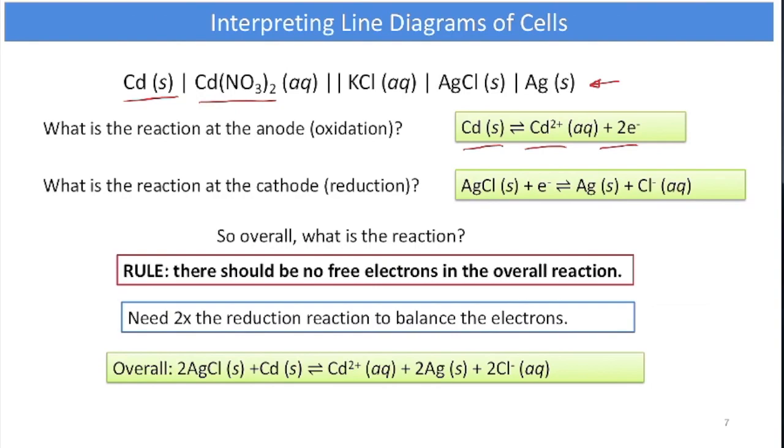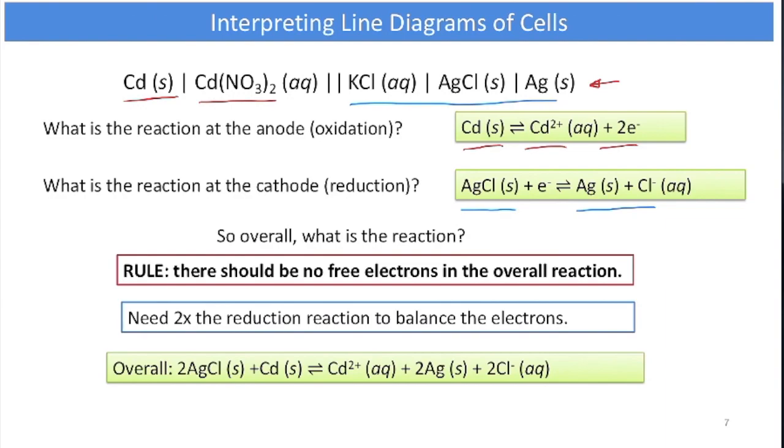Now the reduction reaction, we're going to start on the cathode, which is the right-hand side of our cell. So in this case, we have silver chloride making silver solid and chloride minus. This one's a little bit tougher to figure out just by looking at it, so this is not something that I would give you on an exam and ask you to figure out. The more simple ones are the ones like the anode, so cadmium 2 plus or nickel 2 plus to nickel solid, that kind of thing.